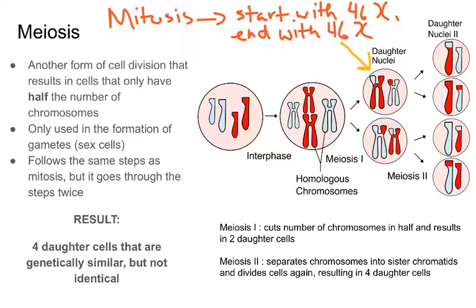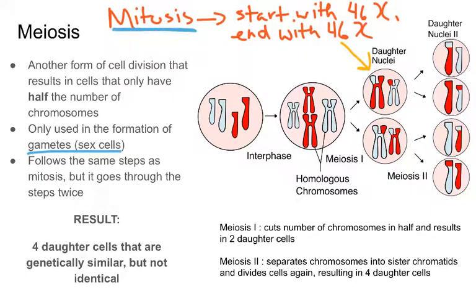Meiosis is only used in sex cells. So that means for females, it's only used in our ovaries, and for males, it's only used in the testes when we're making gametes, our ova, our eggs, and sperm cells. Every other cell in the body is going to undergo mitosis.